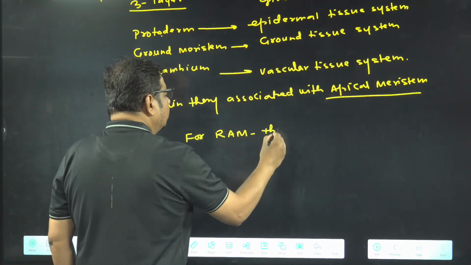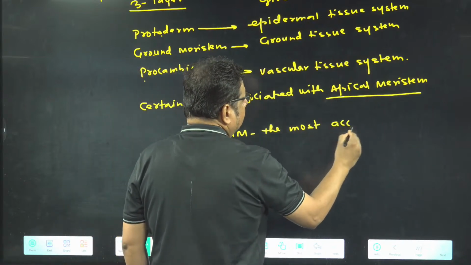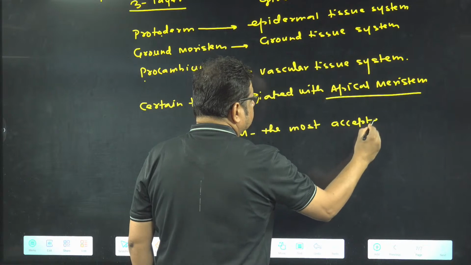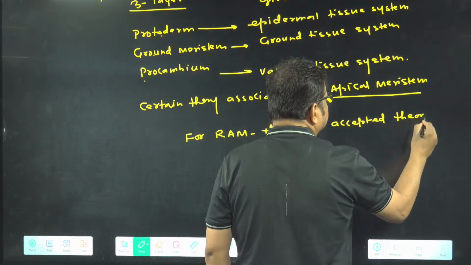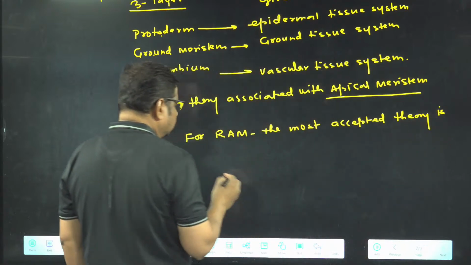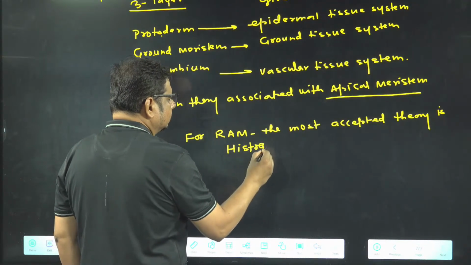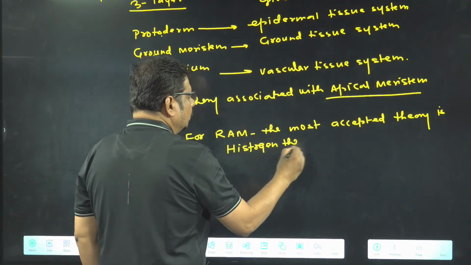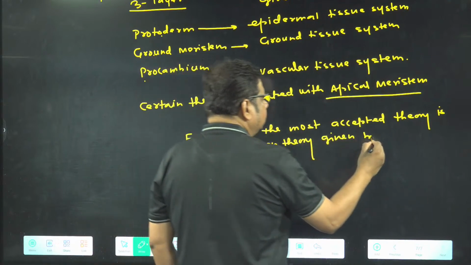the most important theory, the most accepted theory is histogen theory. Histogen theory given by Hanstein.